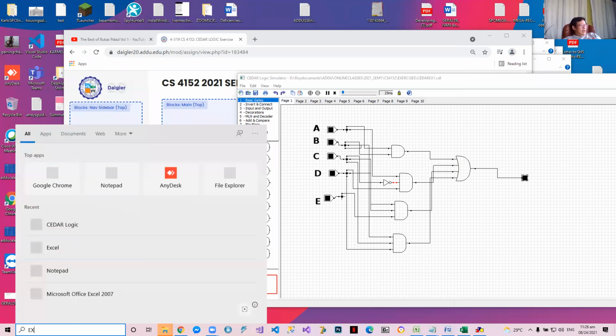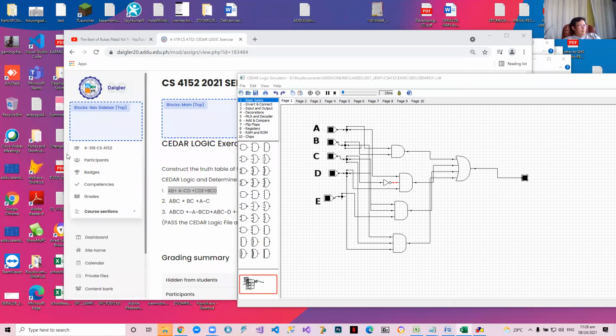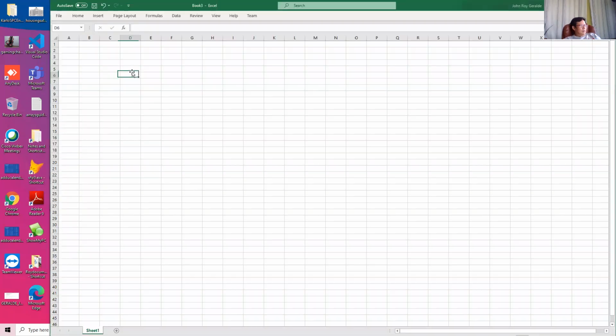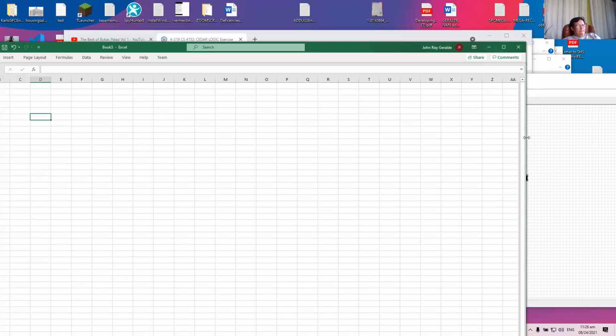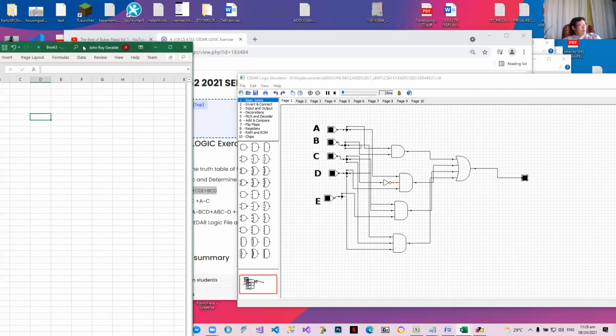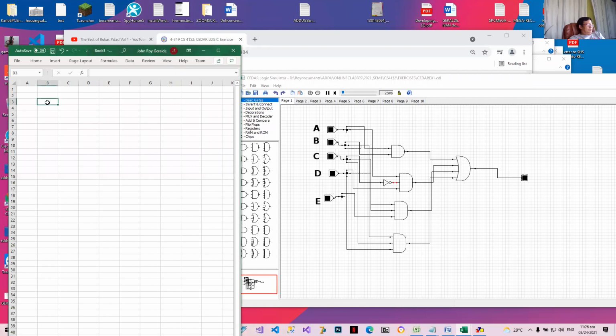So now we'll have an Excel blank cell. Ulitin na lang natin. A, B, C, D, E. Ganun na lang, okay?